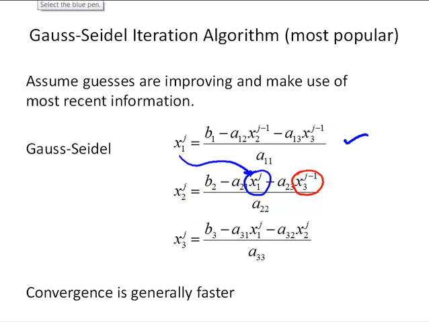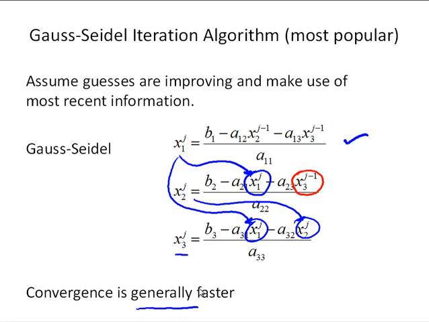And then we take x1 and our new result for x2, and use both of those results to calculate our new guess for x3. The convergence is generally faster because we're using our best, most recent guess all of the time. We already have a value for our new x1 when we're going to calculate x2, so we might as well use it right there. That's the simple modification that Gauss-Seidel uses to generally get faster convergence.